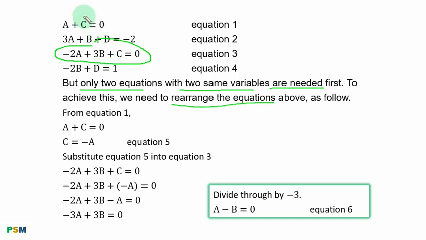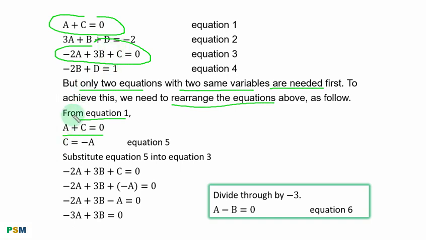C is contained in equation 1. So I'm going to start from equation 1. Equation 1 is a plus c is equal to 0. So I have to make c the subject because I will come here and replace it.